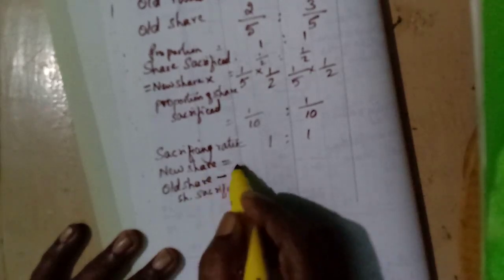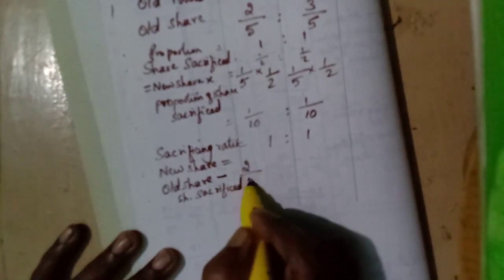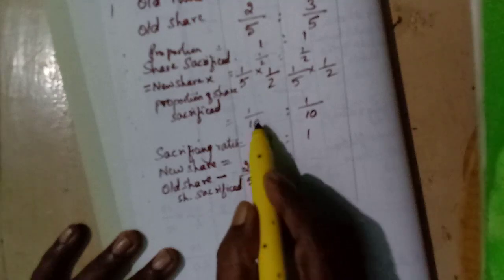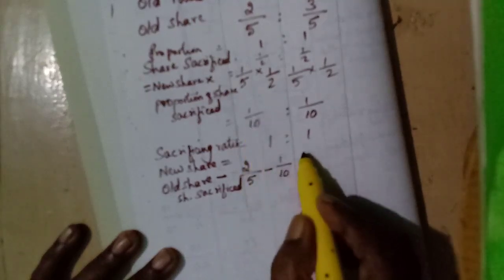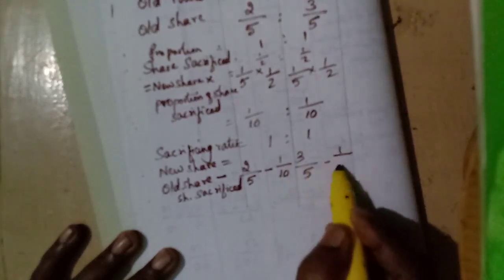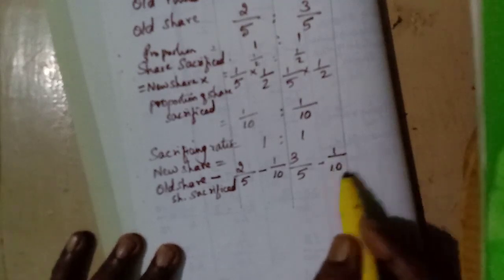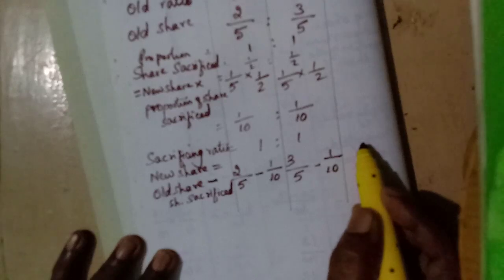What is the old share? 2 by 5 minus share sacrificed 1 by 10. Then old share 3 by 5, share sacrificed 1 by 10. Then Siva's share 1 by 5.